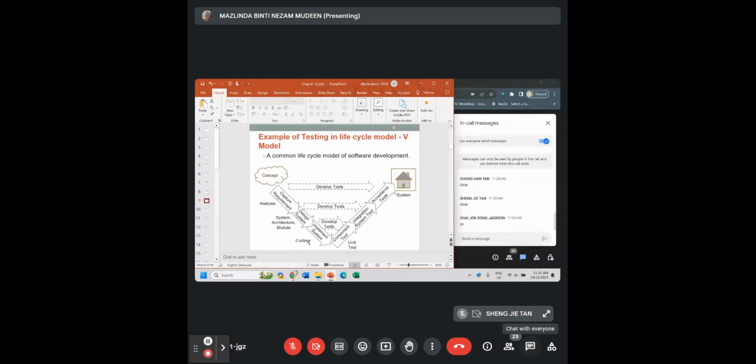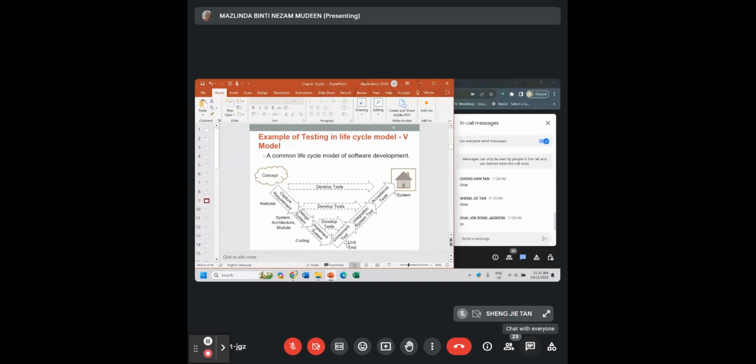Then during the coding, we have the source code, the functionalities, the modules that we develop, right? This will be used for the component test, or to conduct the unit test. So the V model really gives importance to making sure the verification and validation is correctly done in every stage throughout the life cycle.